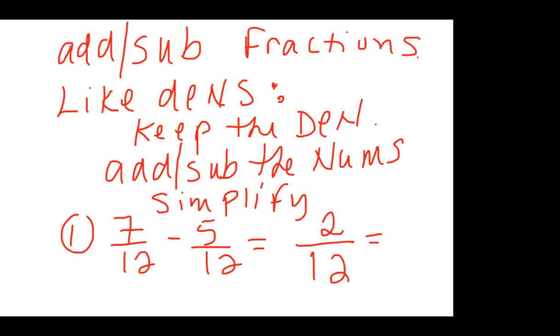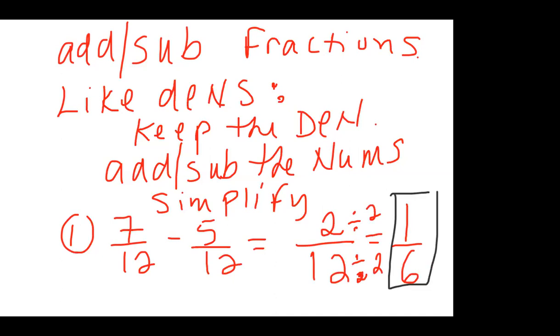So this simplifies to 1/6 because both the numerator and denominator are divisible by 2. So when you're in My Math Lab, the answer they are expecting is the 1/6, not the 2/12. Any questions, guys? Okay, yeah, that was straightforward.